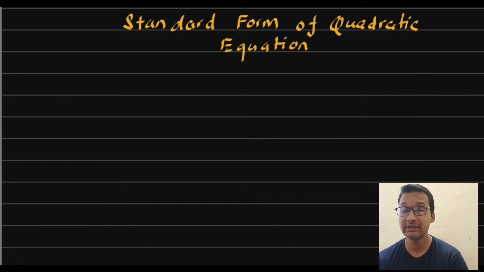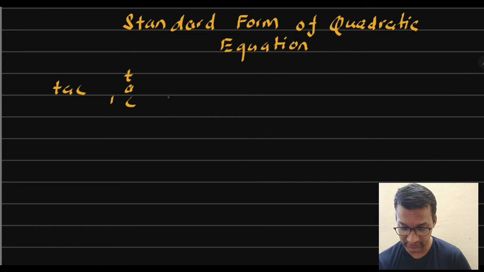Now let us look at the standard form of a quadratic equation. What do we mean by standard form? For example, let us take the word cat. If I write the word cat in this way, does it mean cat? Or if I write it like this, will it read cat?